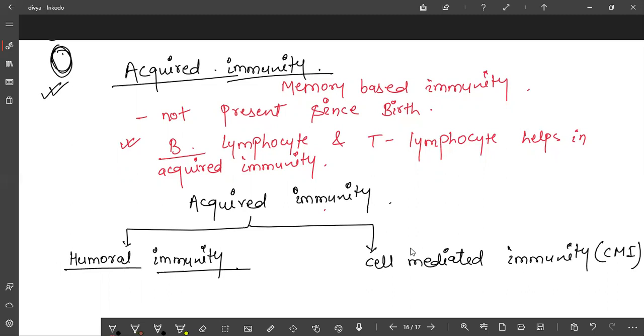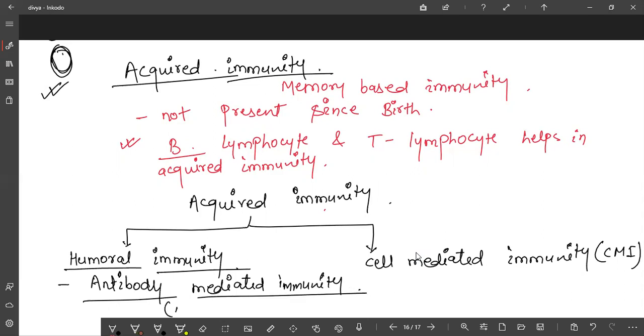What is the full form of CMI? Cell mediated immunity. And humoral immunity is with the help of what? Antibody. So it is also called antibody mediated immunity, in short AMI.